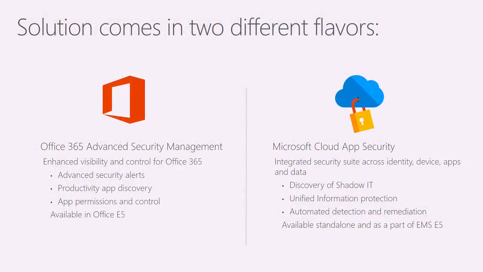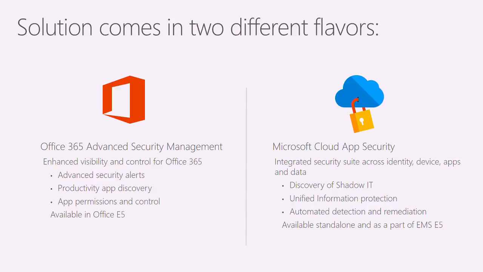Now, this solution comes in two different flavors. A lot of you mentioned, how many of you are using ASM, Office 365 Advanced Security Management? A couple people. Okay, so ASM is in Office 365. It gives you enhanced visibility for Office 365, but it's security alerts, productive app discovery, and it's part of Office E5.